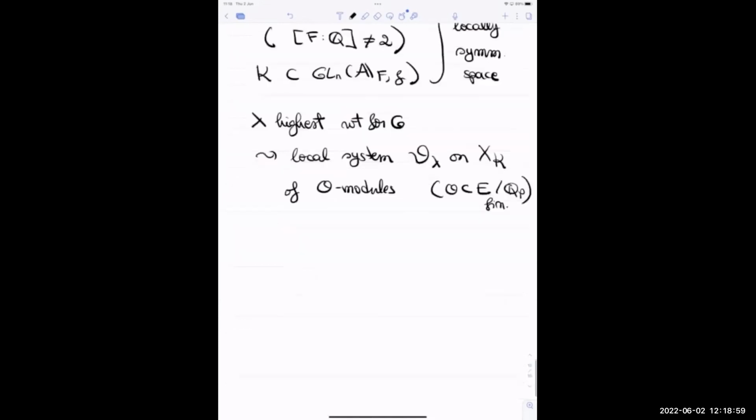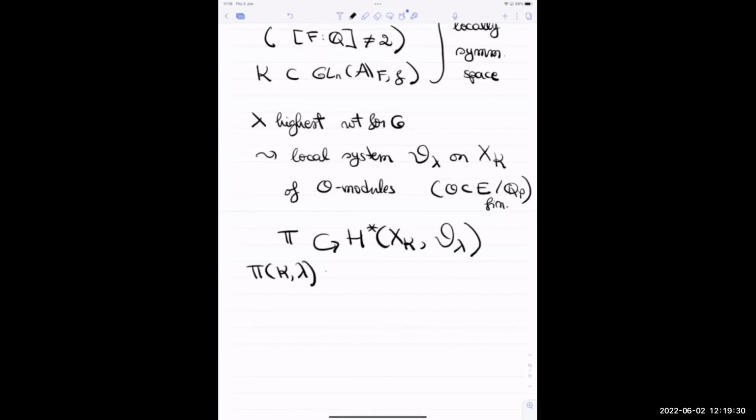And then on the automorphic side, you have the cohomology of such a locally symmetric space with coefficients in lambda. And this has an action of a Hecke algebra that's the restricted product of spherical Hecke algebras at good primes. And we're going to define maybe T_{K,lambda} to be the faithful quotient of this algebra that acts on this cohomology.